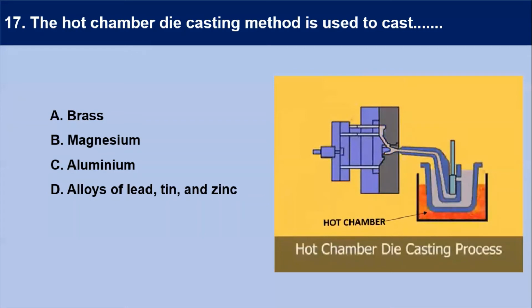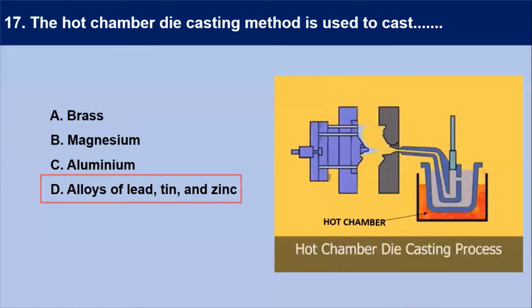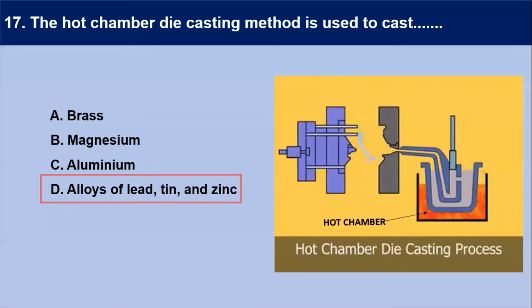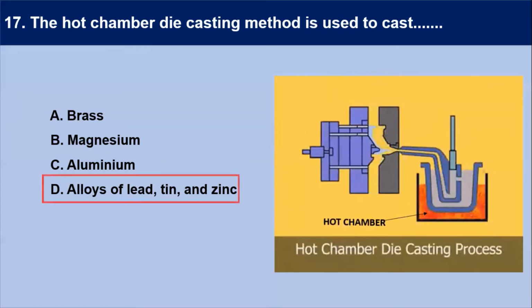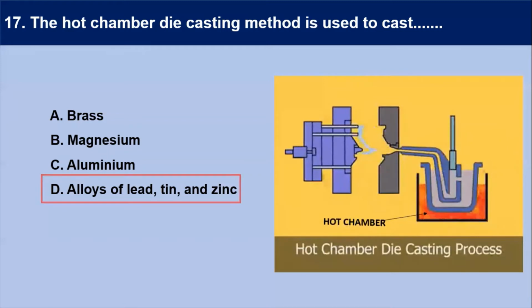Therefore, hot chamber machines are primarily used with zinc, tin, and lead-based alloys. And that's why our answer in this case is D. Next question.